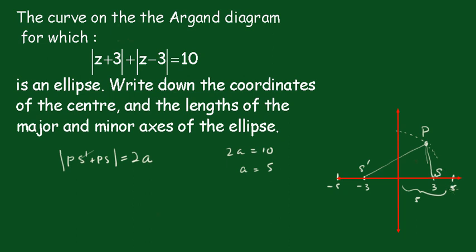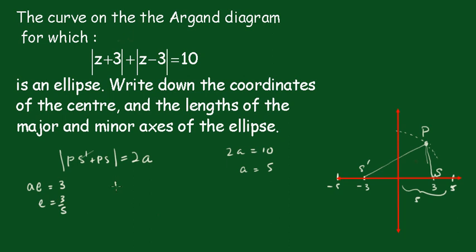Right. Now to get the minor axis length, we have to know that the focus is at the point ae, and that gives you the eccentricity of the ellipse. We know that's equal to 3, and we know a is 5, so the eccentricity is 3 on 5.